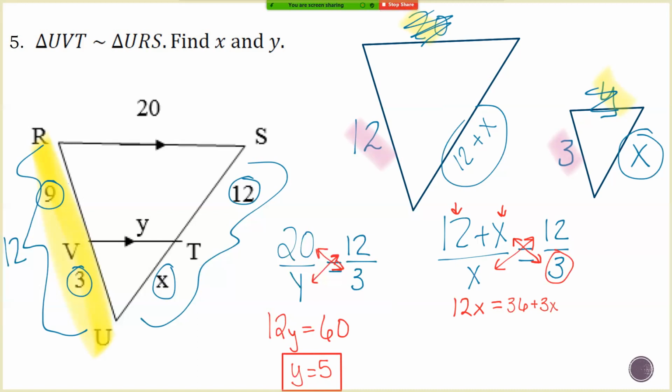So subtract 3X from both sides. So 9X equals 36. Divide both sides by 9. And X equals 4.